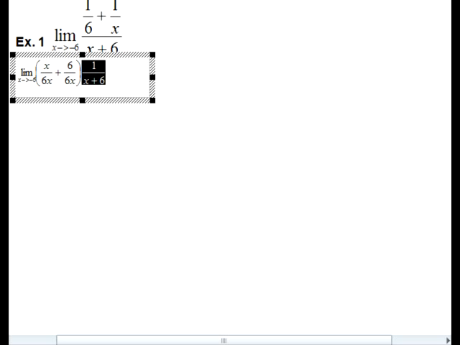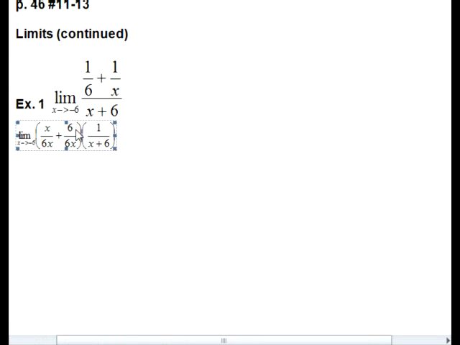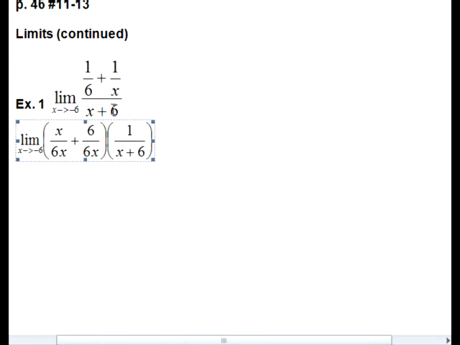Now, I'm allowed to do that because it's in the denominator. The dream for this is, since I'm dividing by x plus 6, you're going to want to get rid of the x plus 6.